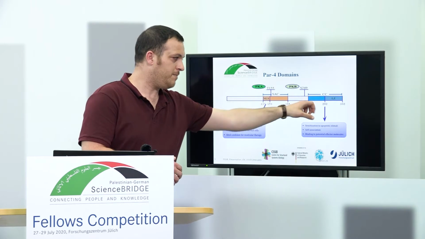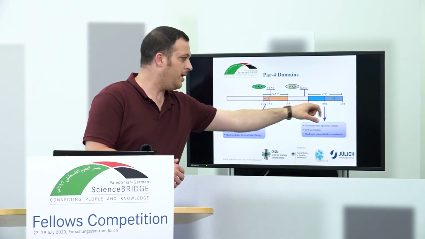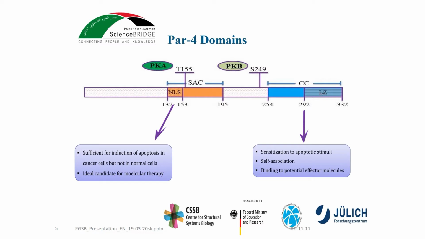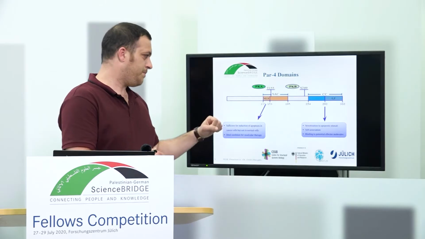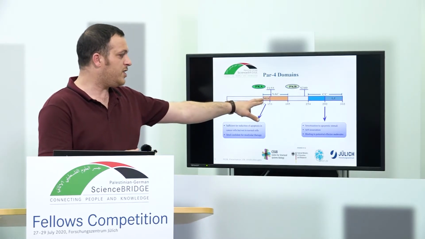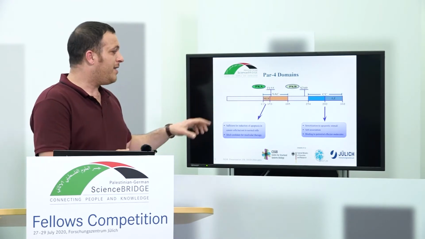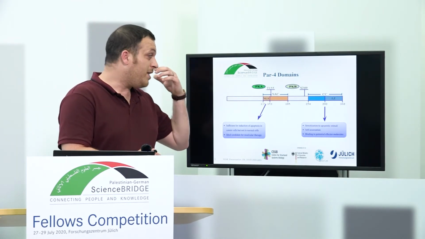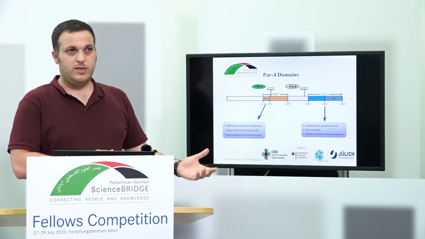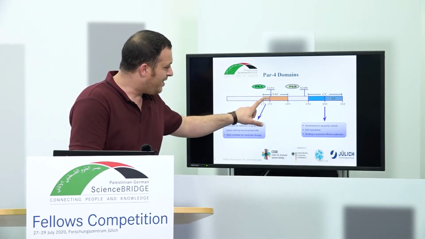The CC domain contains a leucine zipper domain, and this part plays a role in homo and hetero dimerization with other proteins in order to regulate the function of Par-4, whereas the SAC domain is the minimum fragment able to induce apoptosis in cancer cells, and it has a nuclear localization sequence within it, in order to be translocated to the nucleus and induce apoptosis.